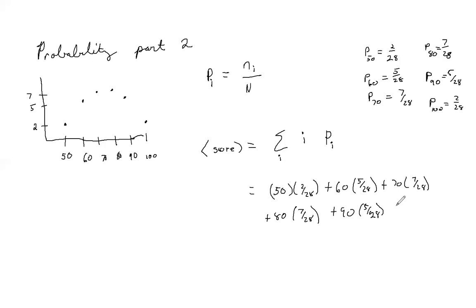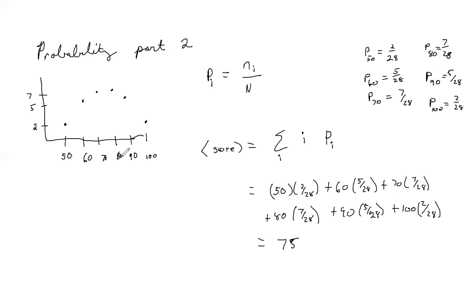Sorry, it's a little repetitive here. Plus 100 times 2/28. If you add all those up, as we saw in the last video, you get 75. So the average score would be 75, which matches visually what we see.